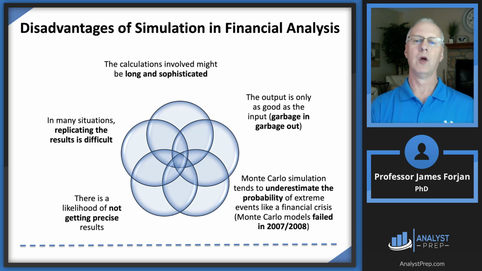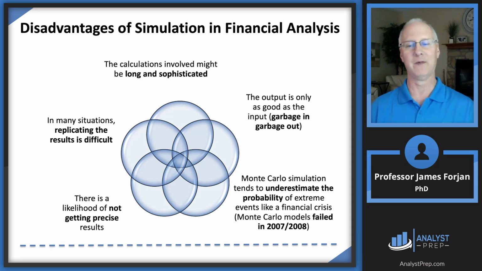Now, remember what we talked about in our previous chapter. We talked about correlations and how correlations rise during periods of financial stress. Right when we need the diversification benefits, they tend to fail us. Well, Monte Carlo simulation suffers from a similar disadvantage. It tends to underestimate the probability of extreme events.